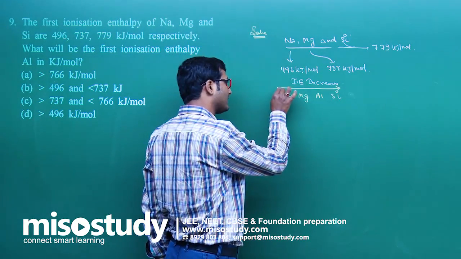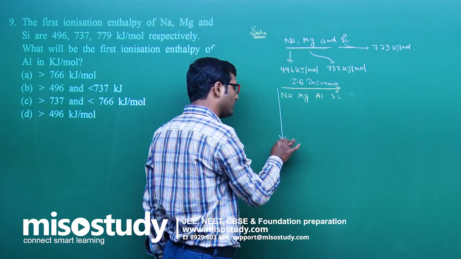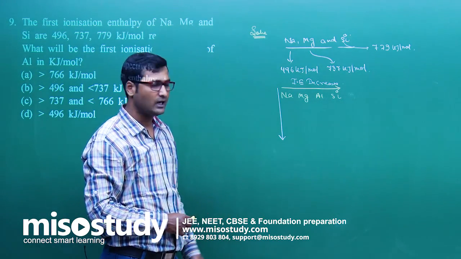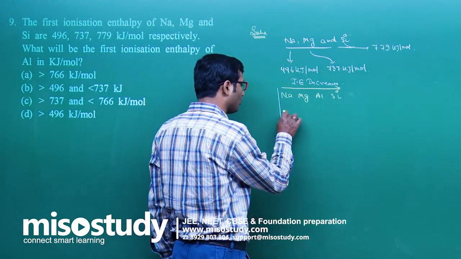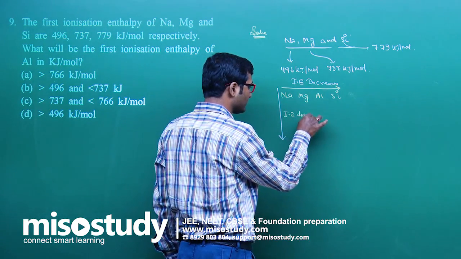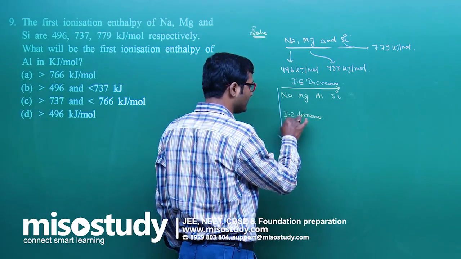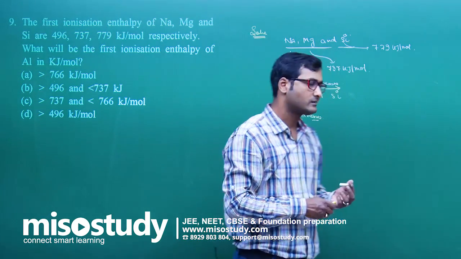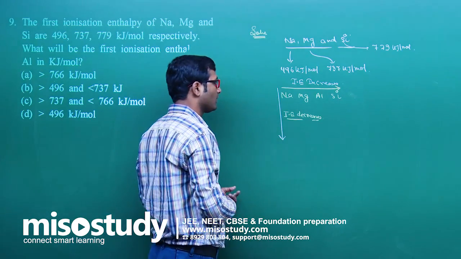Because the non-metallic character also increases and the value of effective nuclear charge also increases, so it is not easy to remove the electron. And down the group, we know ionization energy decreases, because the size increases, so you can easily remove the electron from the outermost shell. It will require less energy.